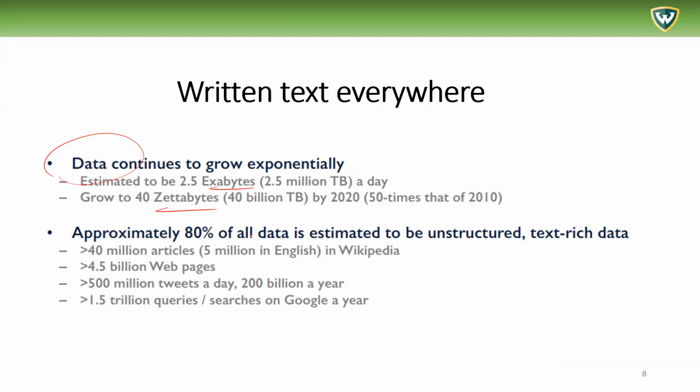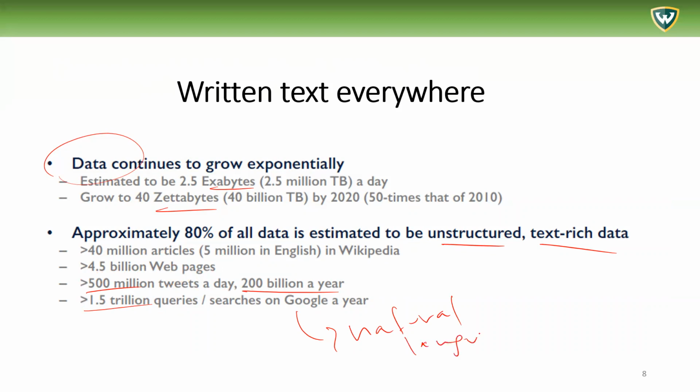Approximately 80% of all data is estimated to be unstructured, text-rich data. So over 40 million articles in Wikipedia, 4.5 billion web pages, 500 million tweets per day, 200 billion a year, over 1.5 trillion queries or searches on Google a year, which are natural language searches, right?